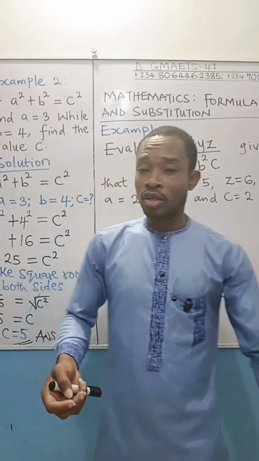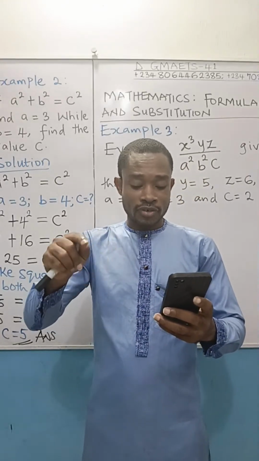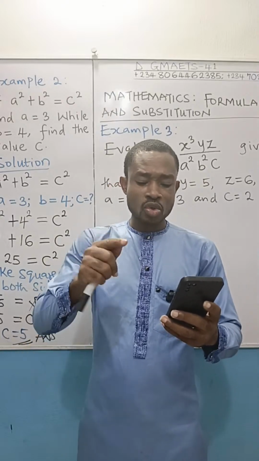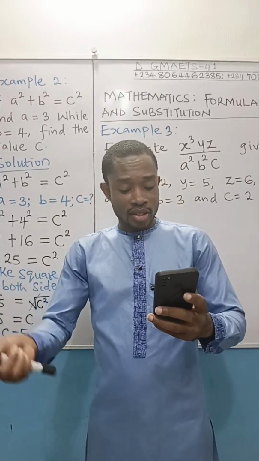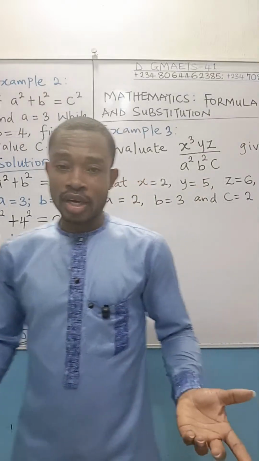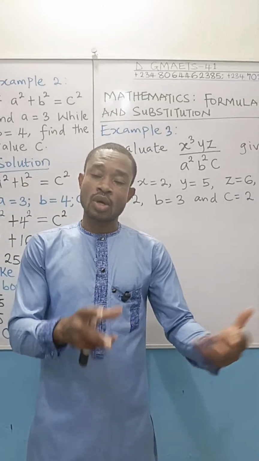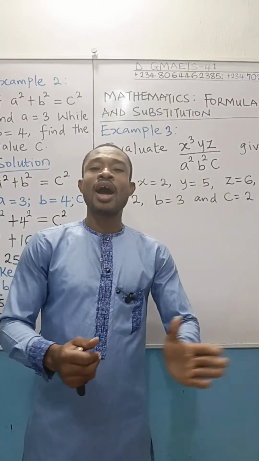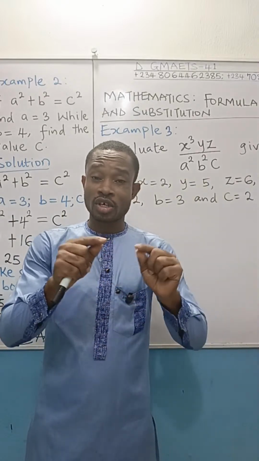You could have preferred to solve it as 2 times 3, which will give you 6, and then 2 times 4, which will give you 8. Then you add 6 and 8, you still get 14. That is still okay. But the best and fastest thing was what I did. Finish up with the bracket. Anything you get, multiply by 2. Please, what I am responding to is based on question number 1, okay?